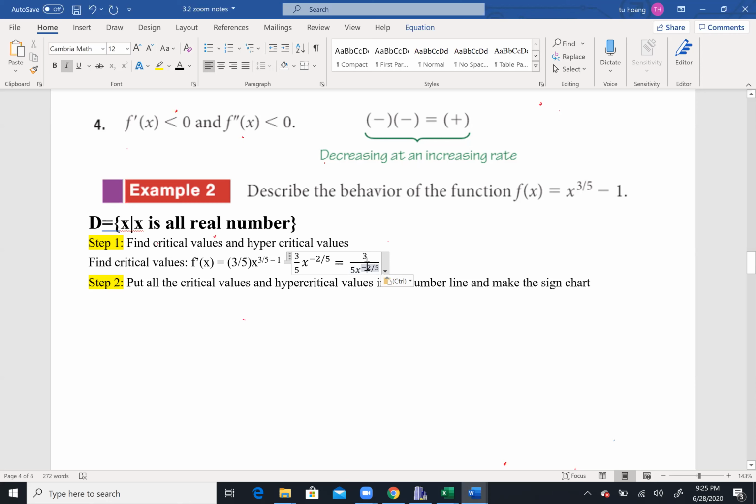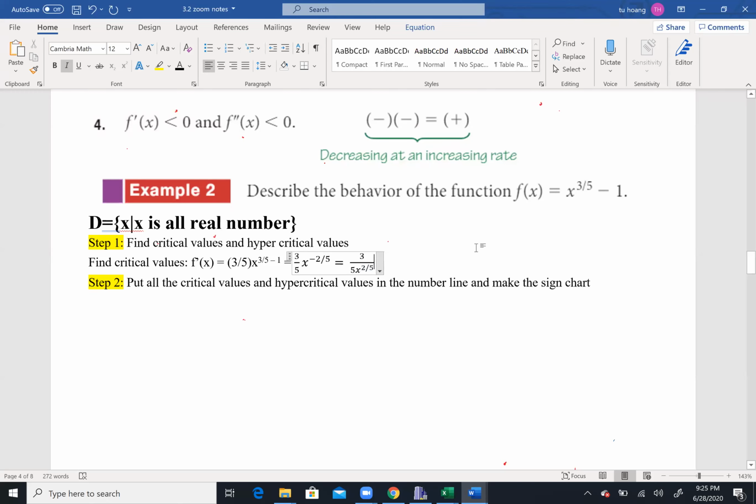This should be 3 over 5 times x to the power 2/5. Right now x to the power 2/5 is in the denominator, so it looks like a fraction.